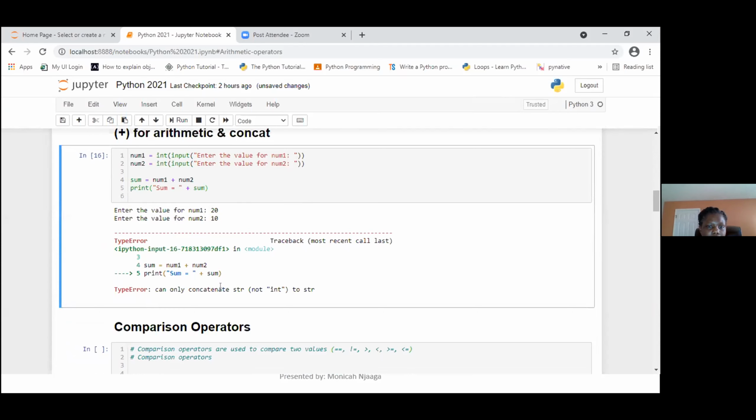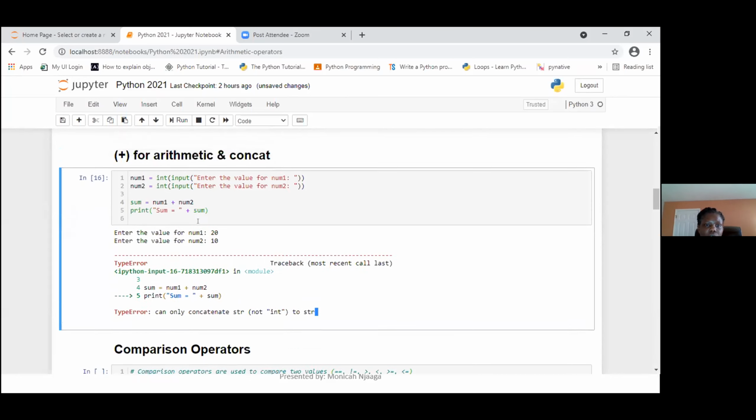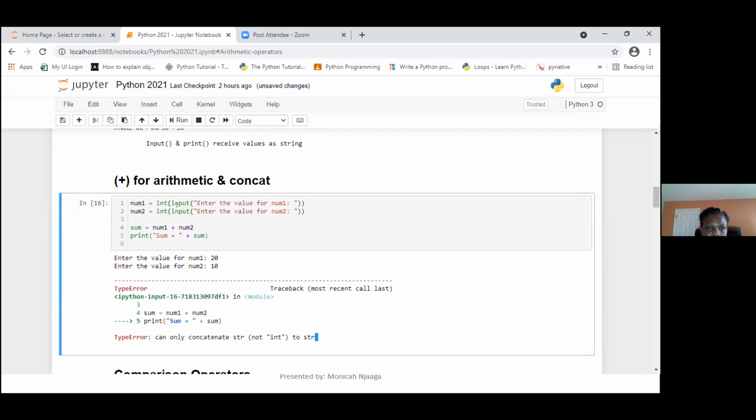You can only concat string, not int, to string. Remember what I just mentioned? You can only concatenate like terms, right? So what are we gonna do? So we have an integer here, and we have integers here. So this one is printing fine, okay?